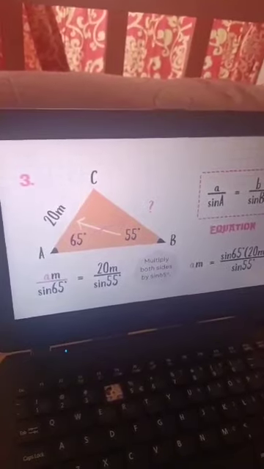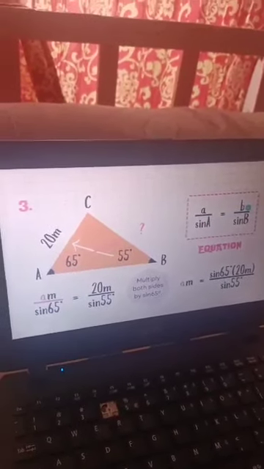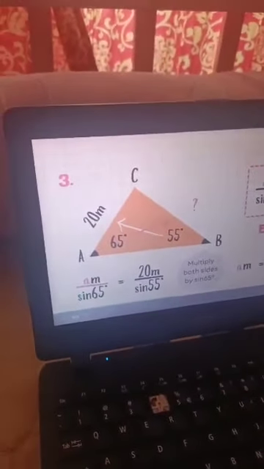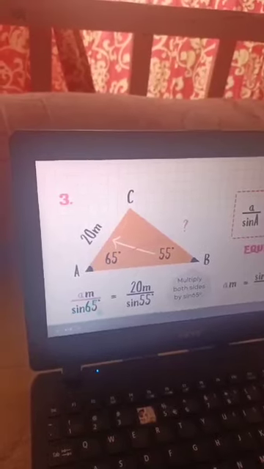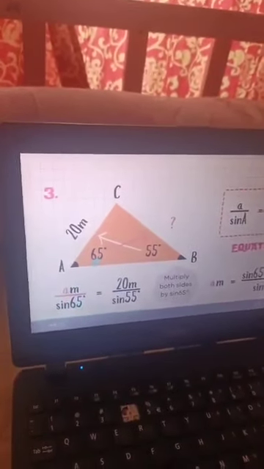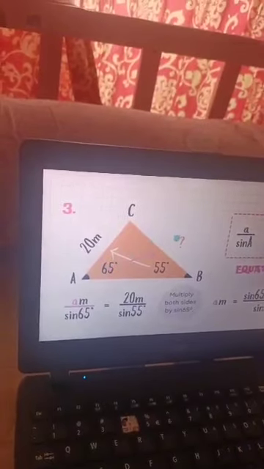So, silent is number 4. Nawawala po yung side A. So, magiging equation is A over sine A equal B over sine B. So, the solution is A over sine 65 degrees. 65 degree po is nasa angle A. So yung side A po yung nawawala.